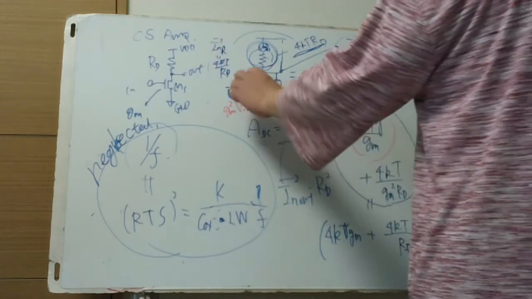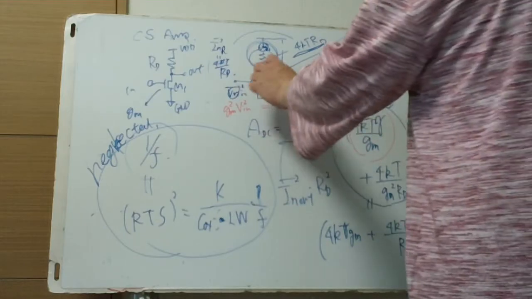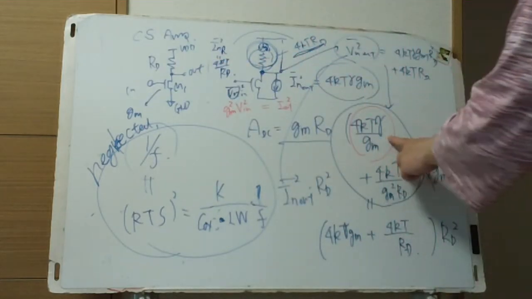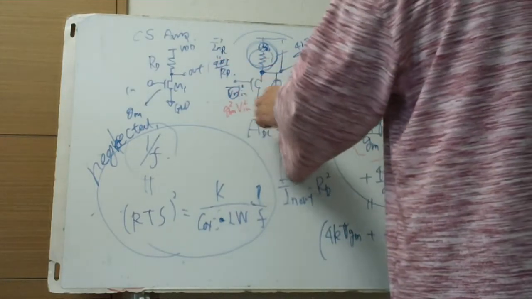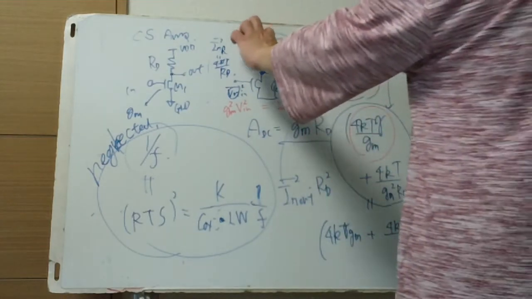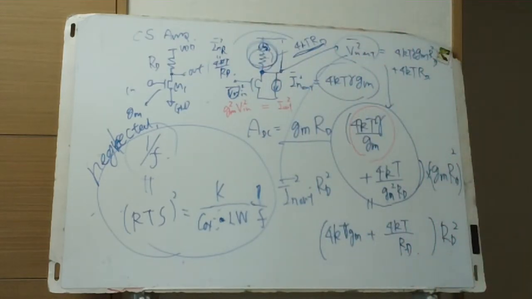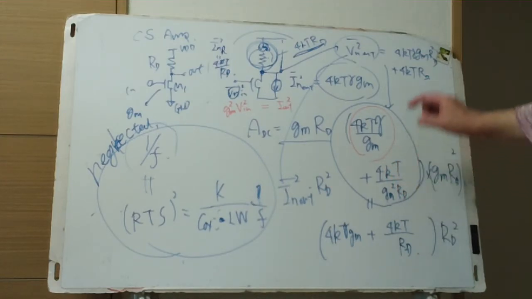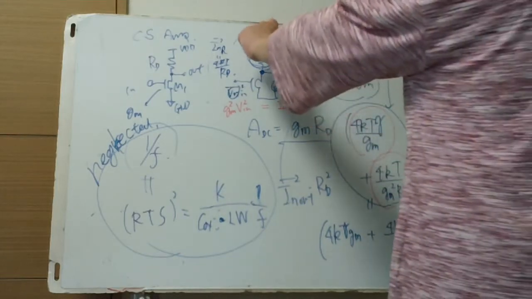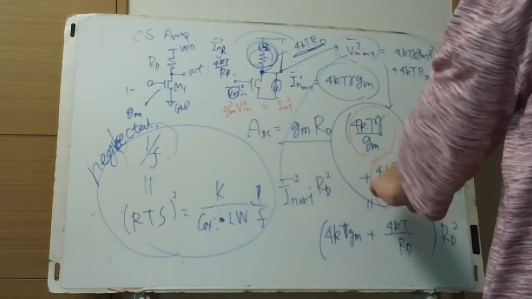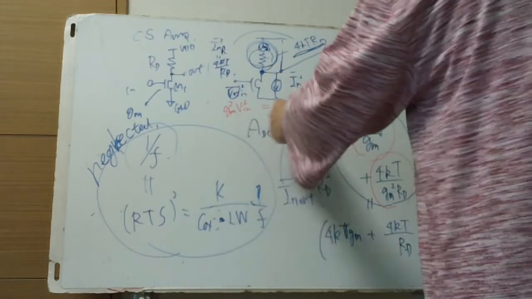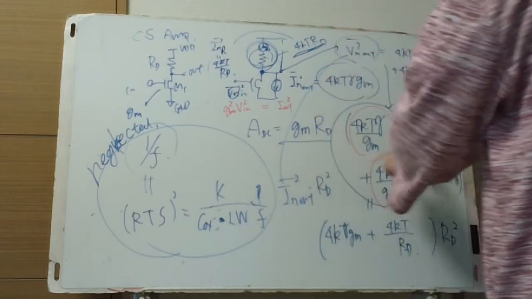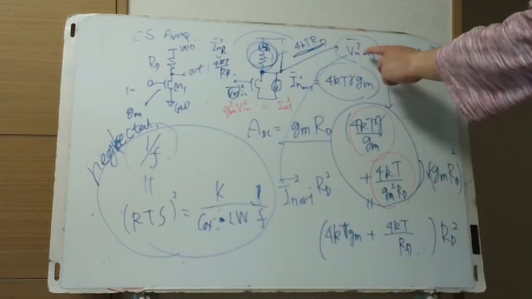This is the input referred NMOS channel noise, and the input referred resistor channel noise is gm squared 4kT over RD divided by gm squared. These are added up because they are non-correlated, and multiplied by the transfer function gm RD squared, giving Vn out squared bar.